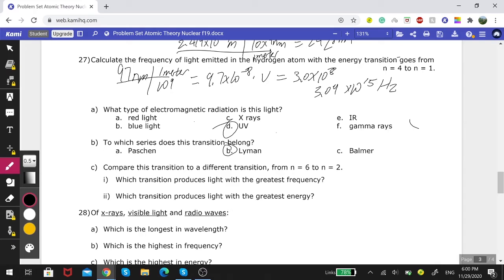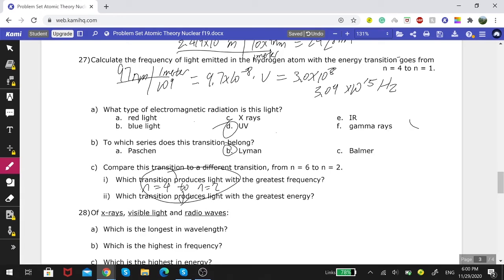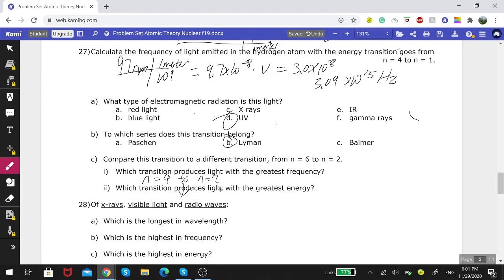That means 4 to 2 will be the answer to both of them. So basically, this one is 92 nanometers in wavelength. This one is 400 something nanometers in wavelength. The smaller the wavelength, the higher the frequency, and the higher the frequency, the higher the energy. That's why both of these will be the same.